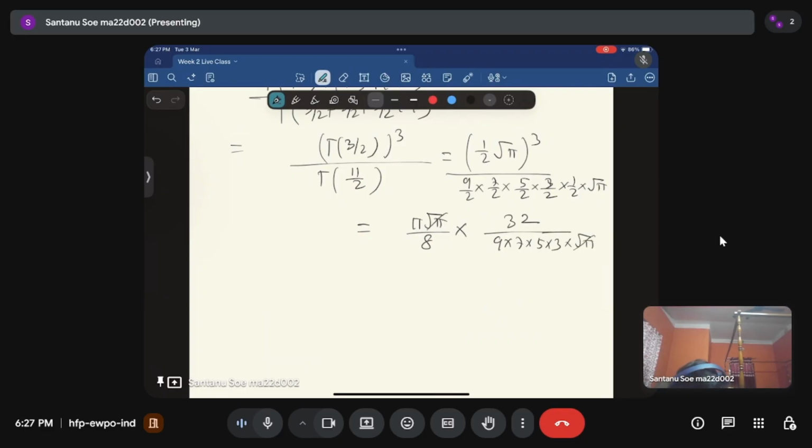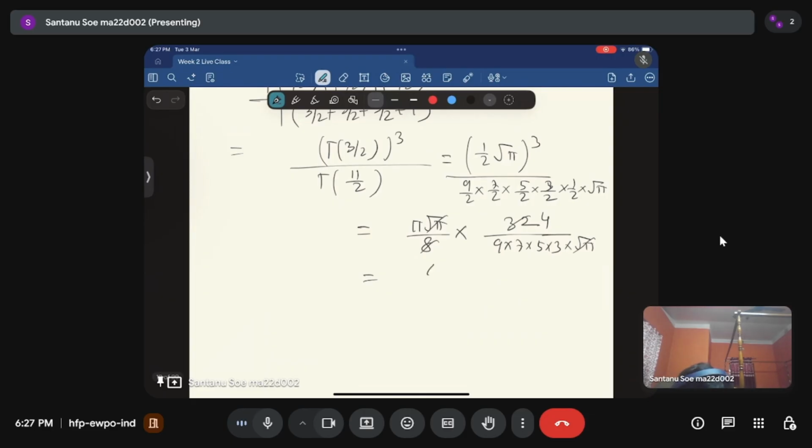So this got cancelled out, this is also cancelled out, and this is going to be 4 pi divided by 945. Okay. So this should be the answer of this question.